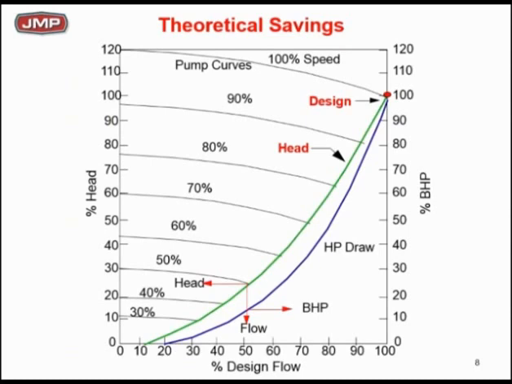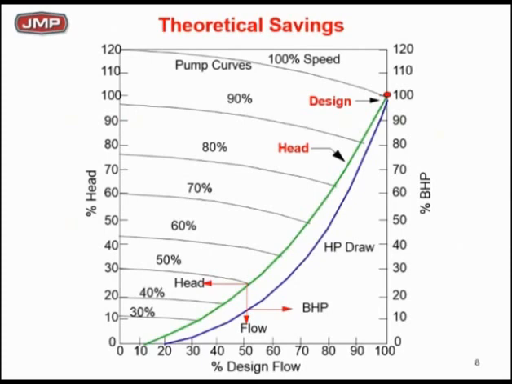All I've done here now is I've taken those laws, the theoretical laws of pumps, and put them on a little chart, and we're going to take a couple of minutes because I want you to understand this. This is kind of what the variable speed drive people are preaching to you that don't fully understand systems. And the problem is, this is theoretical.